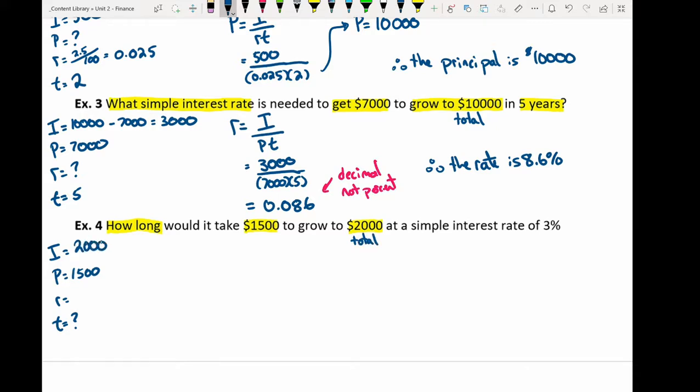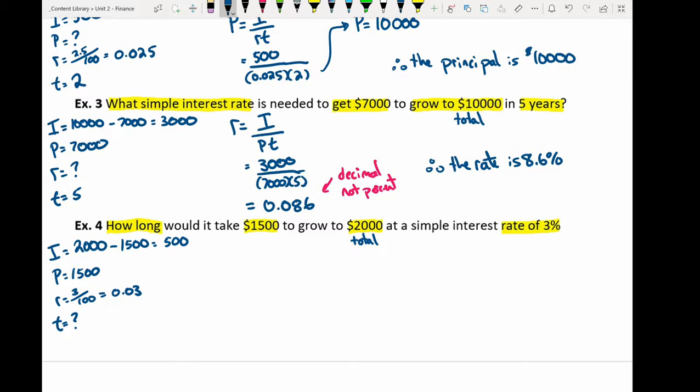So to figure out the interest, we need to do the total minus the principal, $500. And the last part, a simple interest rate of 3%. So 3% divided by 100, 0.03, decimal.